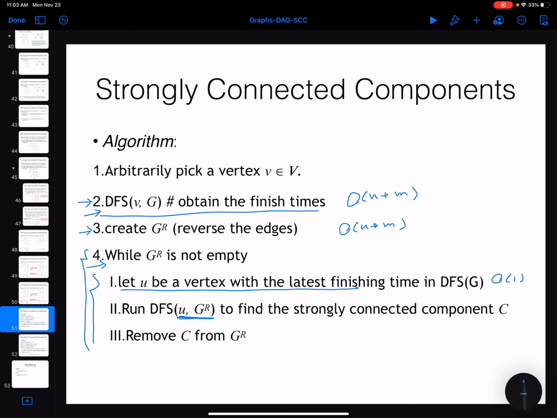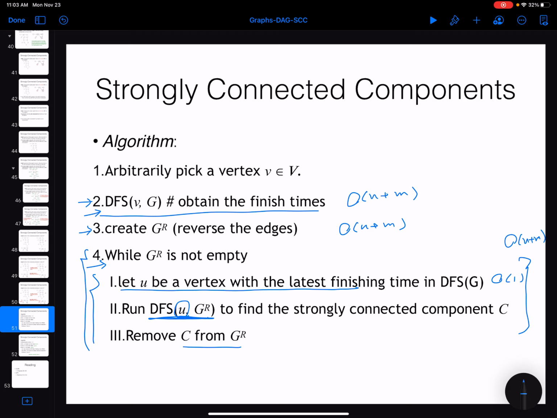Then running the DFS over that node is going to take only O of the number of edges in the same component, and then removing all those edges from the graph. So in total, this loop is going to take O of n plus m, because for each component, the time complexity of the DFS depends only on the number of edges in that component.